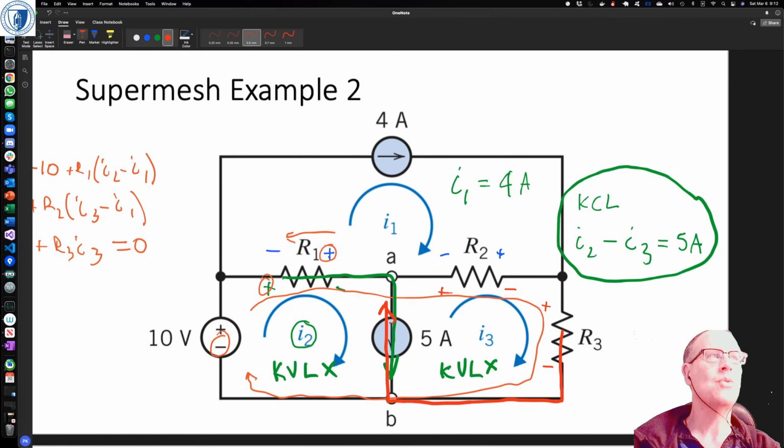But as far as the direction they pass through the current source, they're going in opposite directions. I see the issue, but through that particular component, they're going in opposite directions.